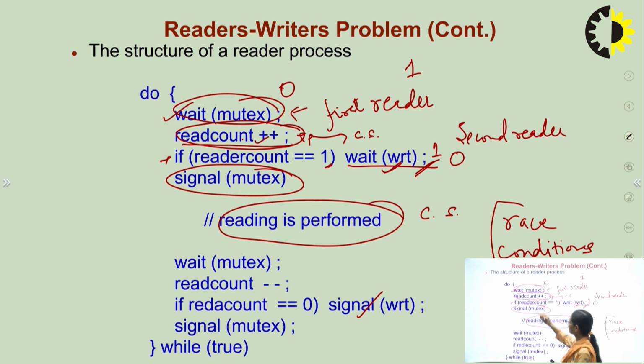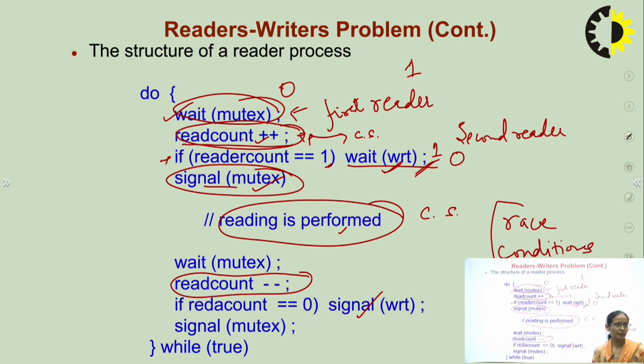After updating this variable, it will send a signal to the other reader processes, meaning that now you can update the read count variable with the help of this statement. It is sending a signal. Now the first reader will perform the reading operation, and after completing it, the read count variable needs to be decremented by 1.